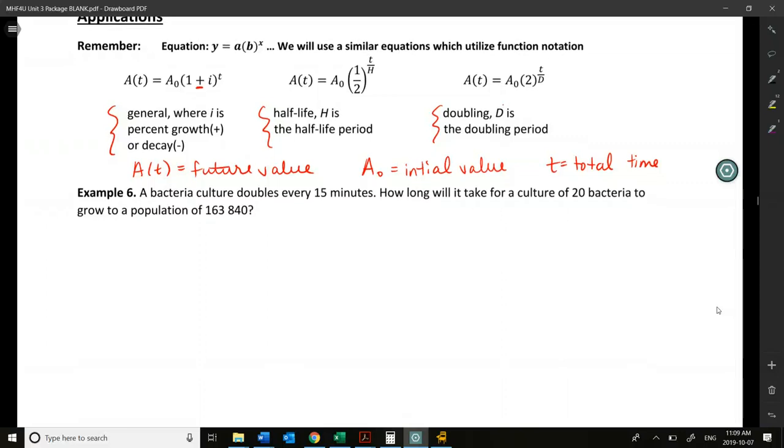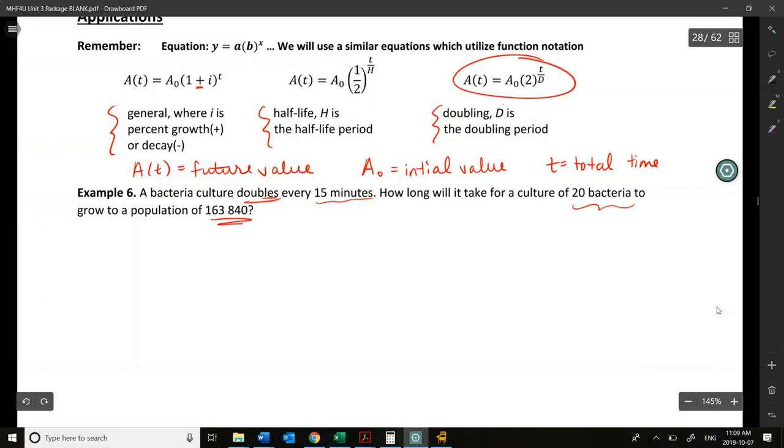For instance, in example 6, a bacteria culture doubles every 15 minutes. How long will it take for a culture of 20 bacteria to grow to a population of 163,840? Because this is a doubling question, I'm going to use the doubling formula.